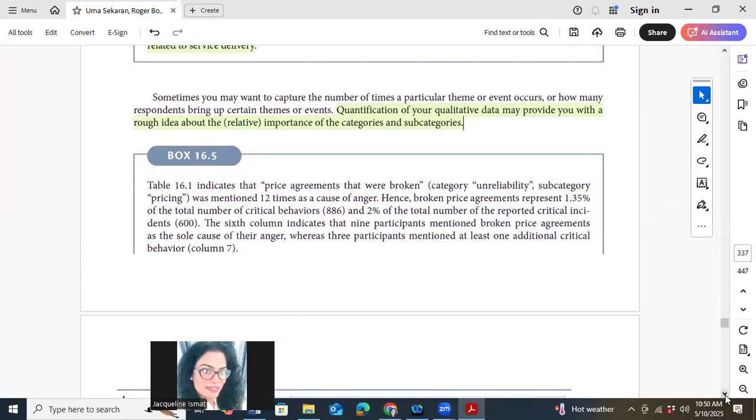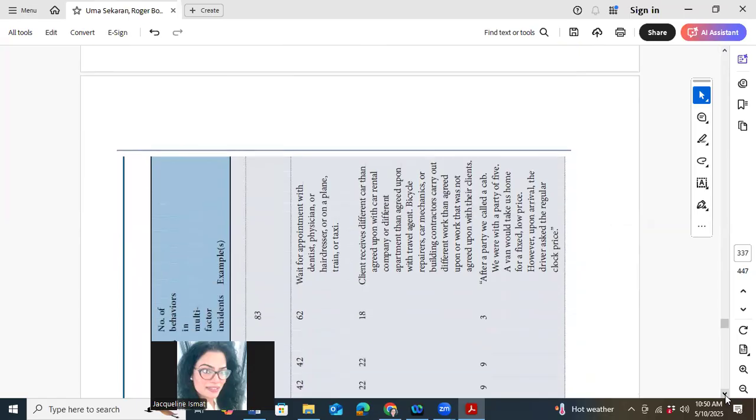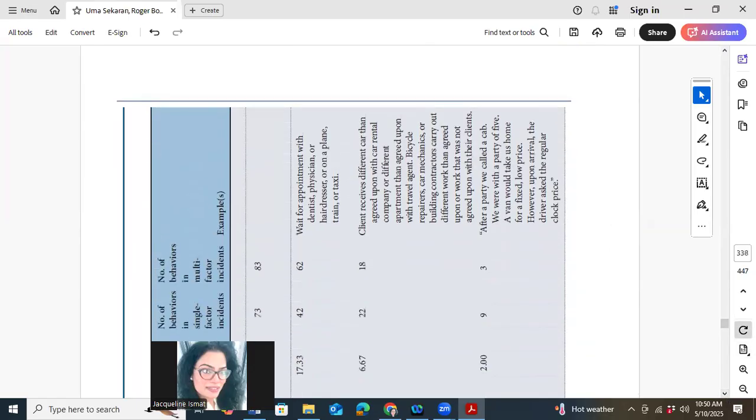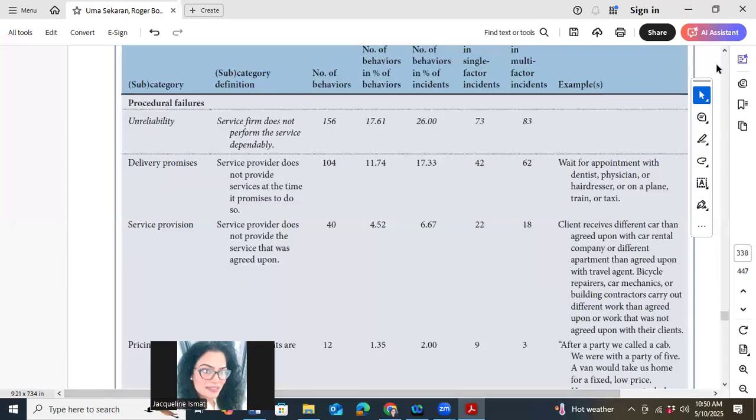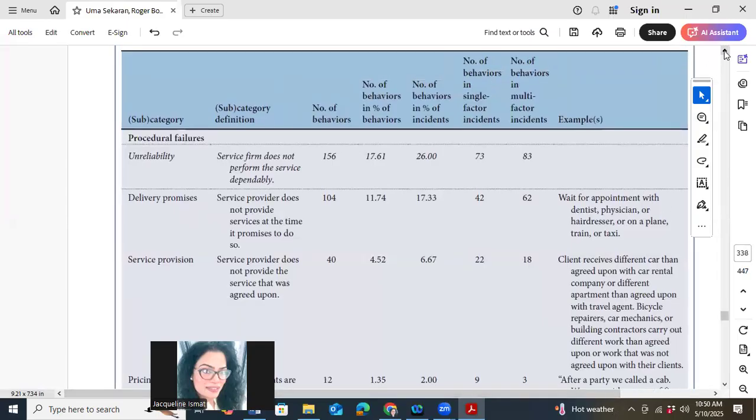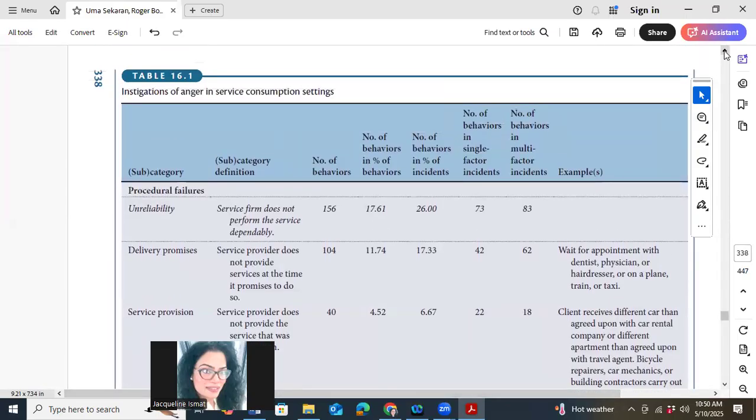Let's see what is going on. Situations of anger, service consumption setting.